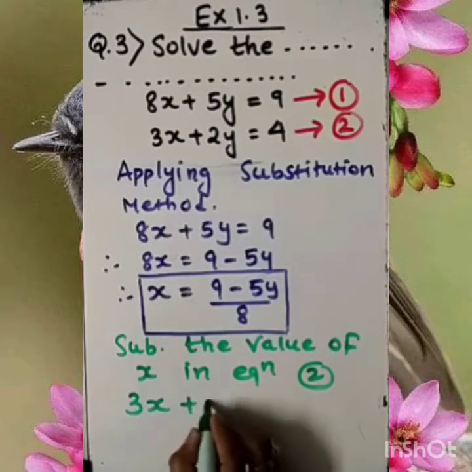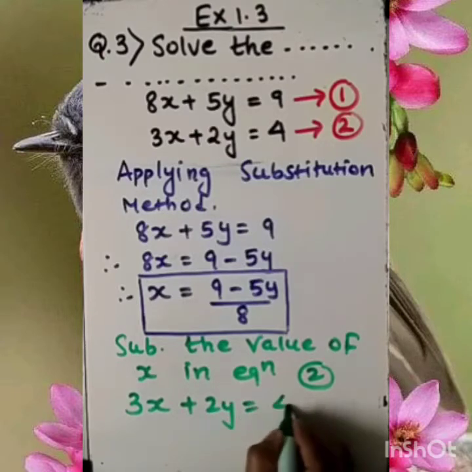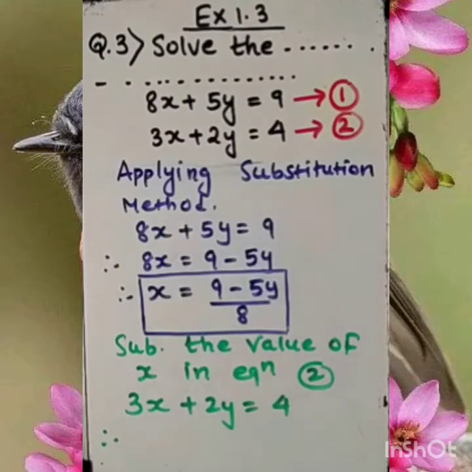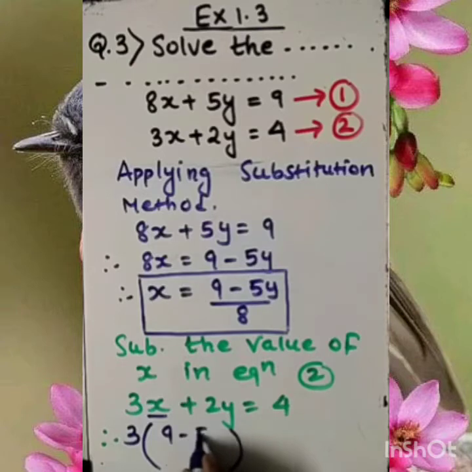Equation 2 is 3x plus 2y equal to 4. Therefore, here the equal to sign is already there, so we need to mention therefore here. And in place of x, we need to write here (9 minus 5y) by 8, plus 2y equal to 4. This we are given.